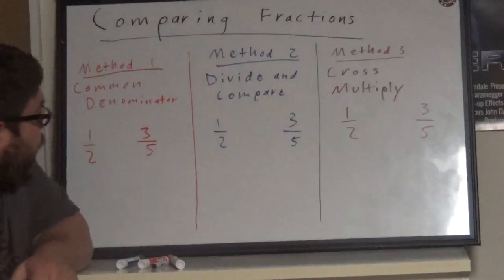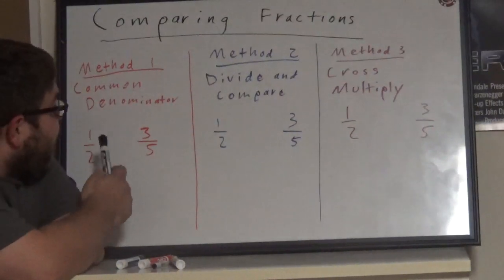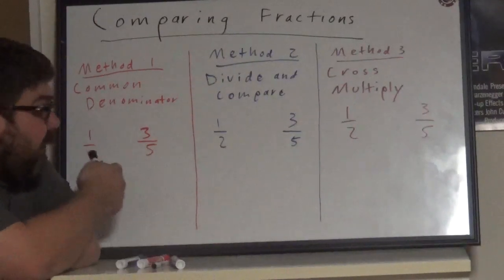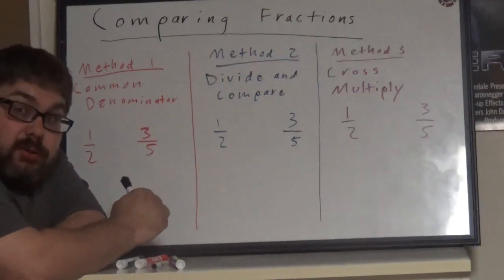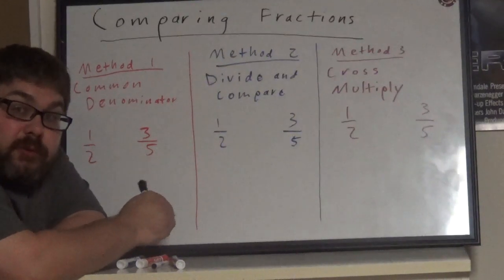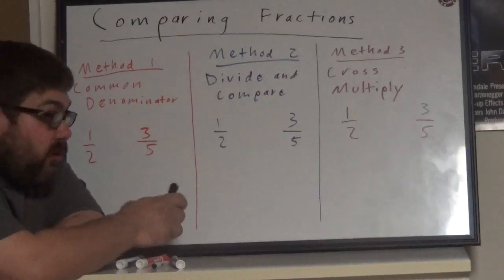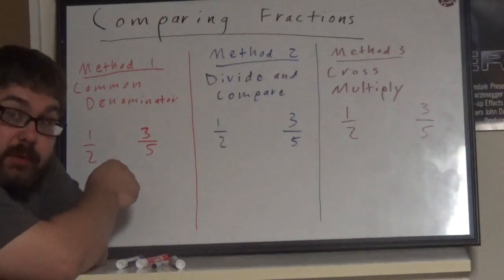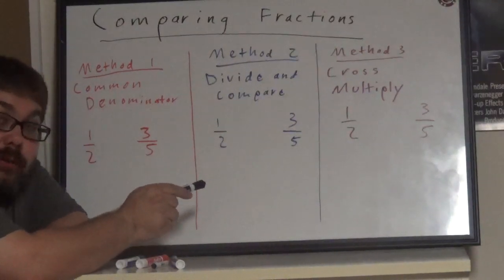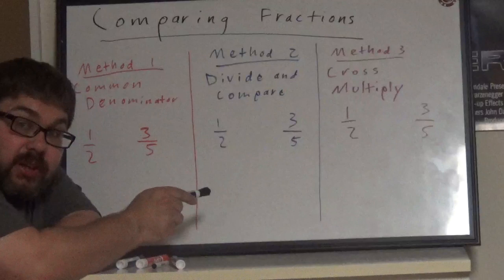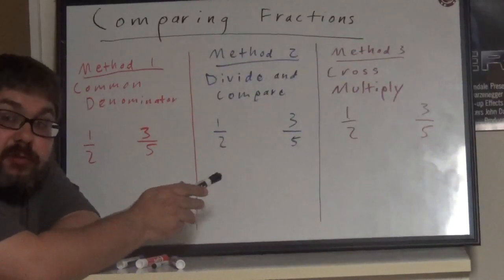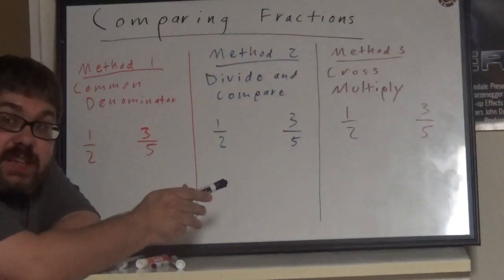So, first off, method 1, common denominator. If we have 2 fractions, I want to start by reminding you from the adding fractions video that the denominator is the bottom number and the top number is the numerator. If our denominators are different, then the 2 fractions are comparing different sizes.